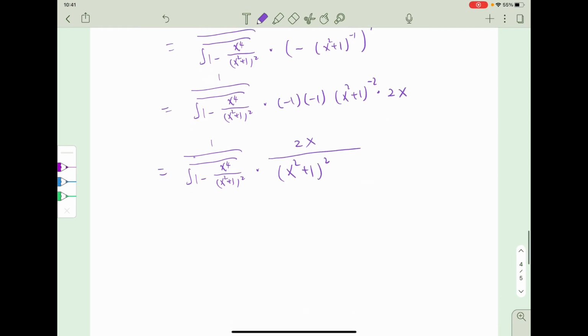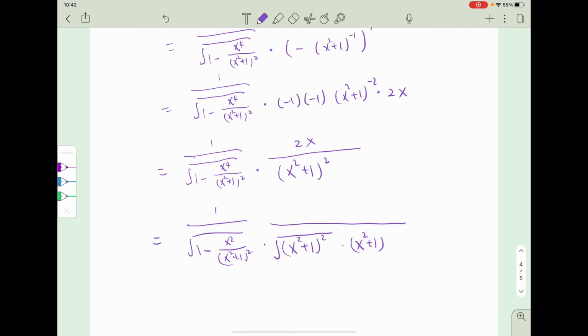And you can split this x squared plus 1 bracket squared, and write it as x squared plus 1 with a square root here, times x squared plus 1, then 2x.